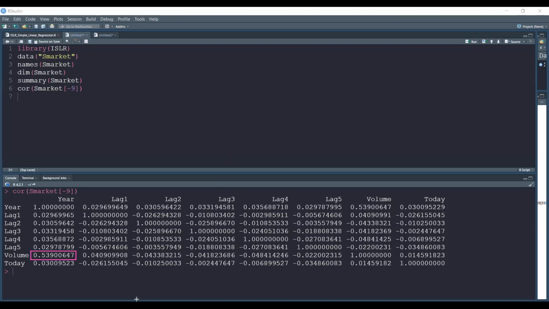So that would tell you that as we travel in time, 2001, 02, 03, 04, 05, you expect that as the year increases, there was more trading activity, there were more shares that were purchased.